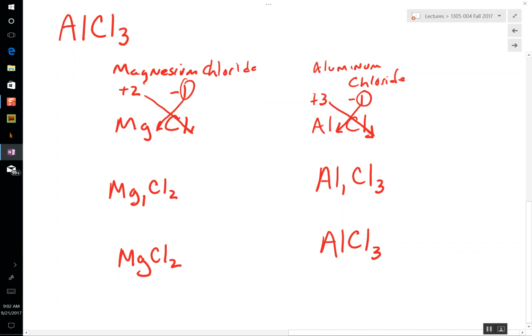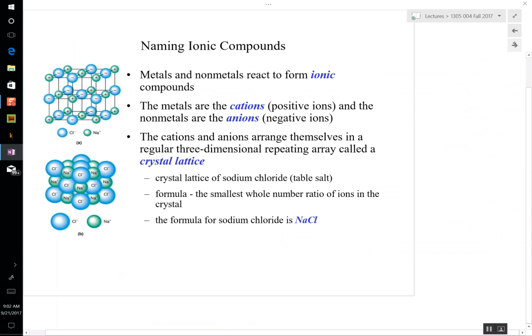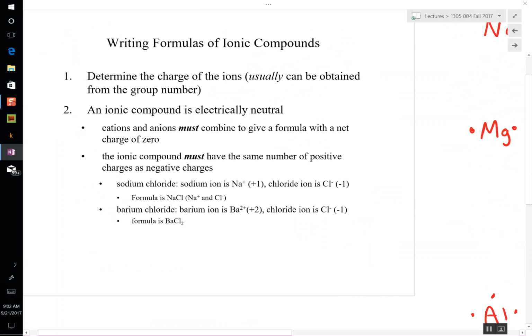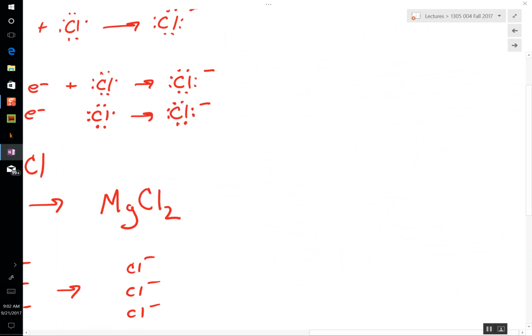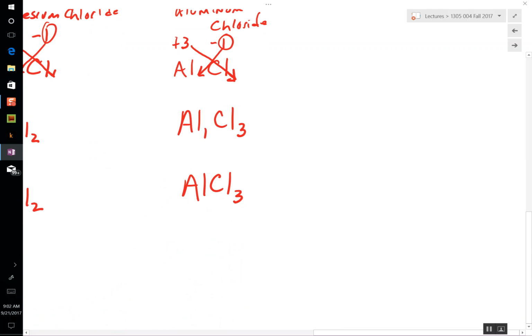Now, is it right on this slide right here? Yeah, now it says the cations and anions must combine to give a formula with a net charge of 0. So let's just see what we're talking about here with this aluminum chloride. It has +3 aluminum ions in it. It has -1 chloride ions in it. How many of these?